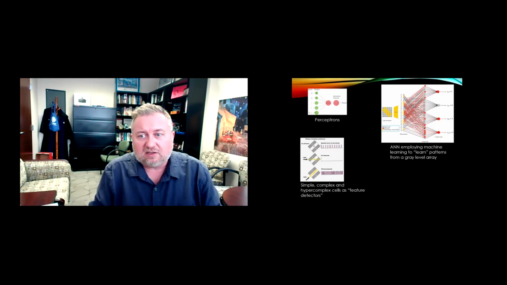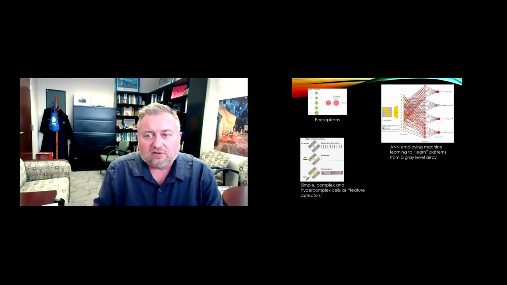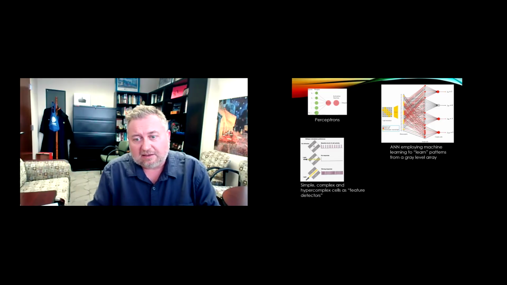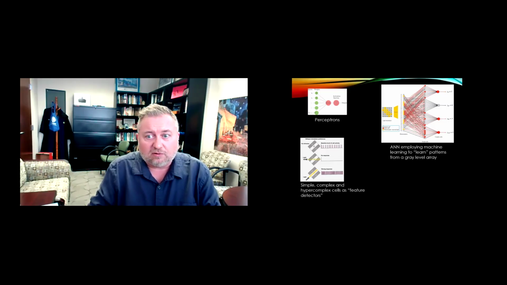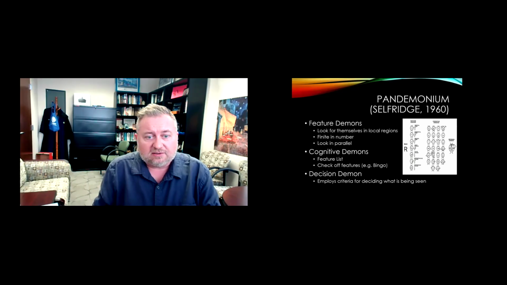I think I showed you this image before of an artificial neural network that instantiates this kind of activity of these neurons. And again, it suggests that we could explain from a neural network perspective how recognition could work through this kind of feature analysis.